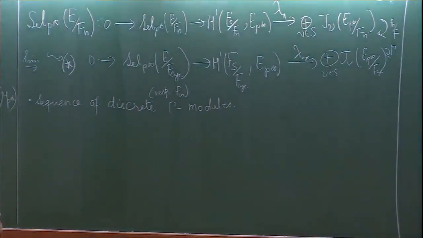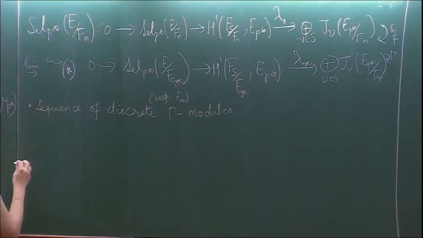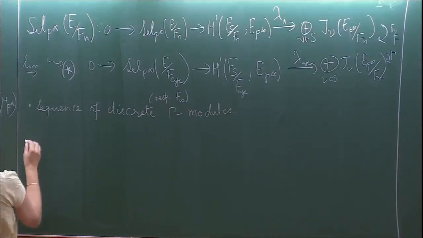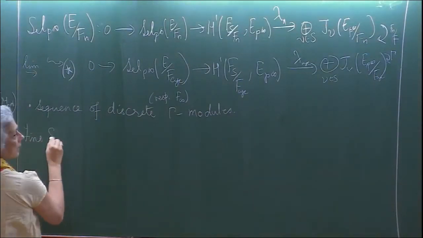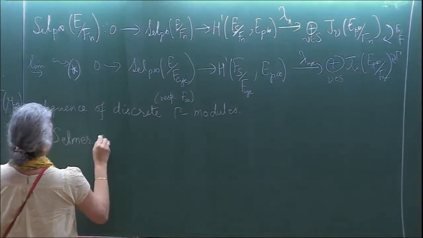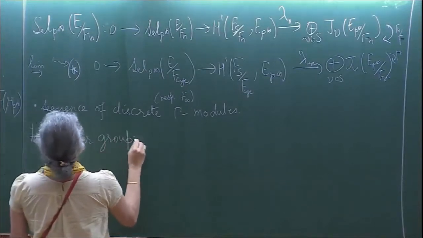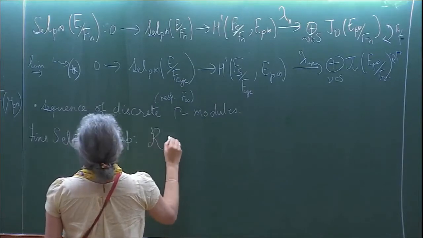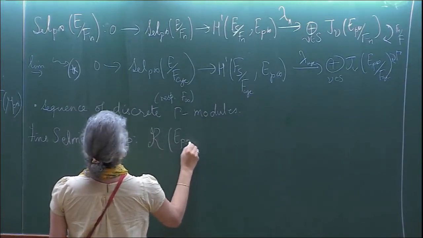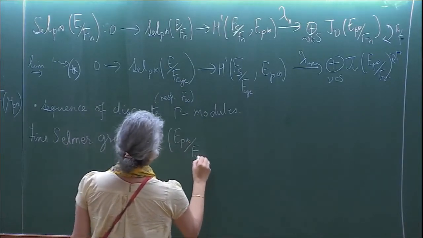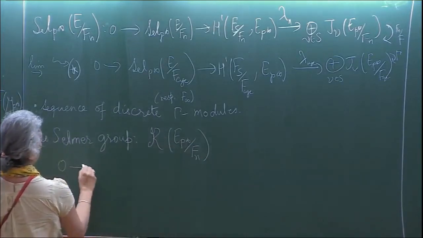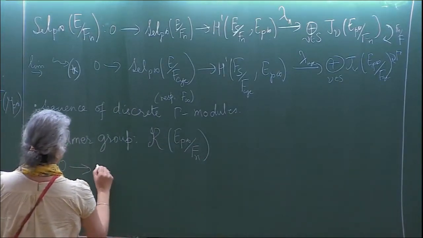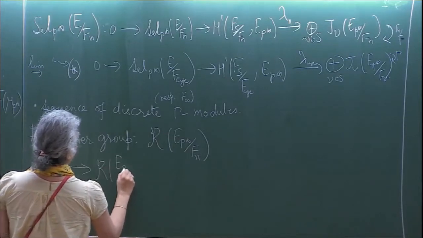All right, and now let's define the fine Selmer group. This is a Selmer group, the fine Selmer group, which I'm going to denote by R of E p infinity over, I'll do the same thing, Fn. This really is 0 to R of E p infinity over Fn.